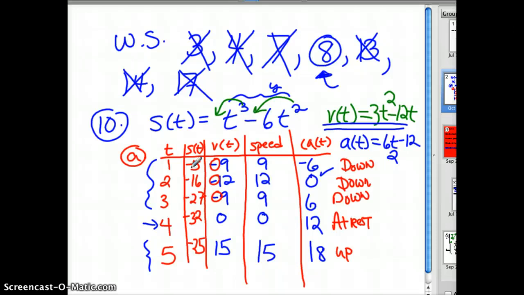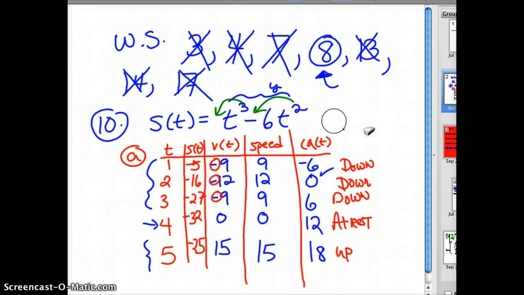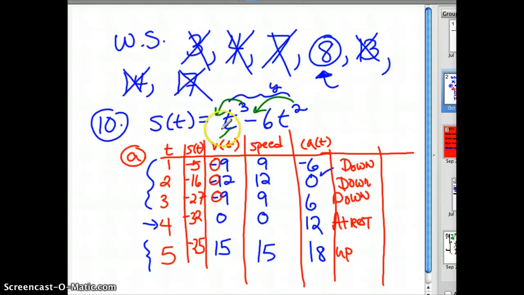And remember, we're speeding up when both the acceleration and the velocity have the same sign. So maybe I'll extend this into a little nicer table here, and I need to know if it's speeding up, slowing down, or neither. So I'm going to be analyzing these two columns right here. And right here I've got a negative velocity and a negative acceleration, which means I'm speeding up.